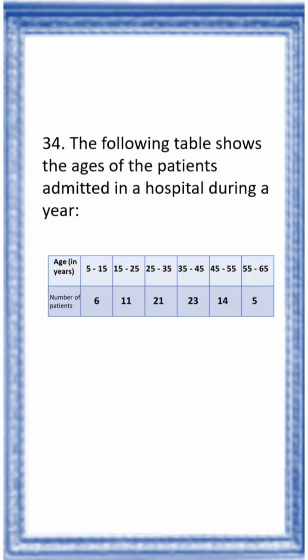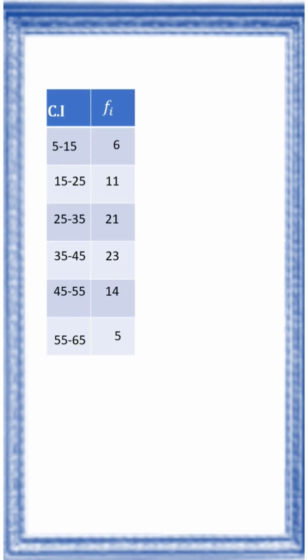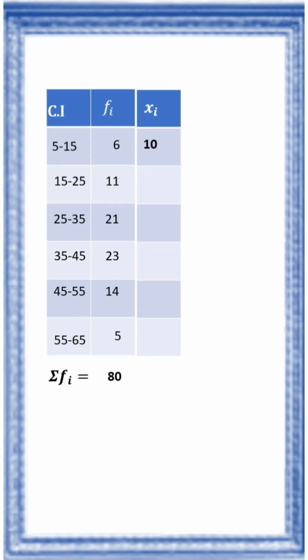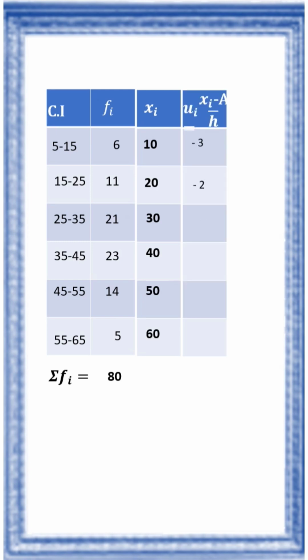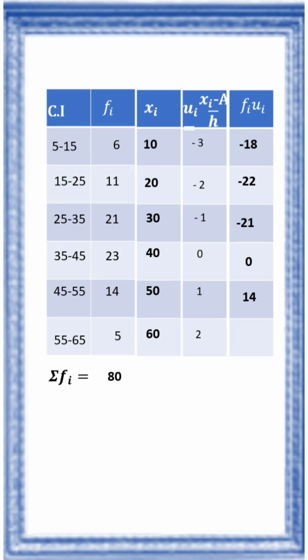Now let us find mean for the same data. Now let us write class interval and frequency like this. In the first column let us write class interval. In the second column let us write frequency. Now let us find summation of frequency.